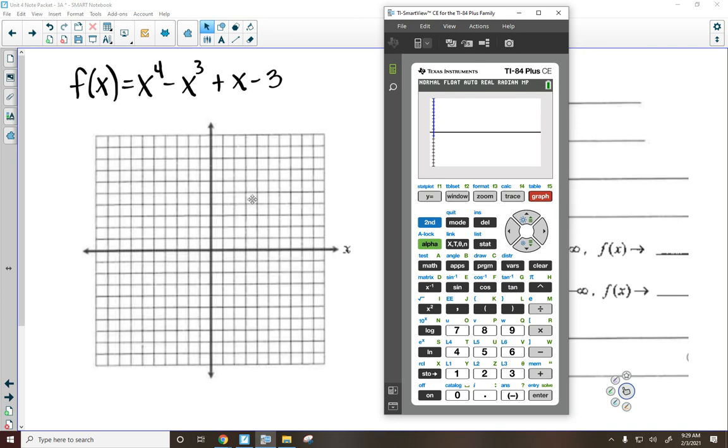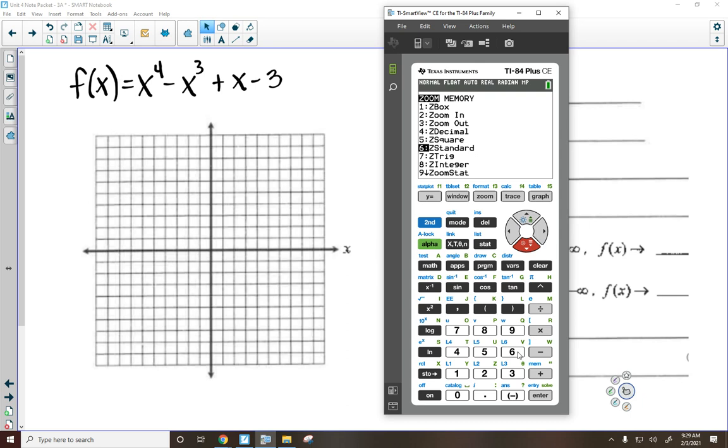The functions that I'm going to be asking you to demonstrate or practice in class are going to fit on this nice grid that's provided, negative 10 by 10 for both x and y. To quickly get your calculator there, choose zoom, and then number 6, which says zoom standard.